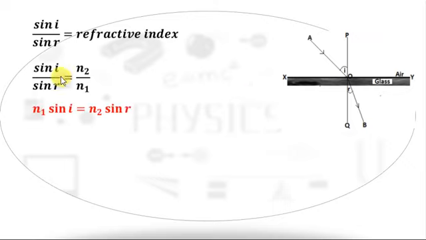That is always simplified to make it simpler for you. If we cross multiply, N2 will go with sine R and N1 will go with sine I. I always put it simply for my students: if you want to understand Snell's law in simpler terms, it just comes like this. The refractive index multiplied by the sine in that medium.